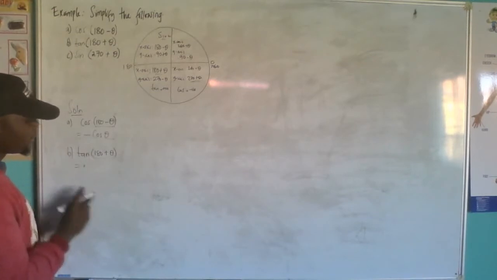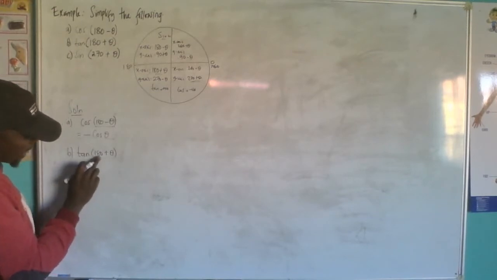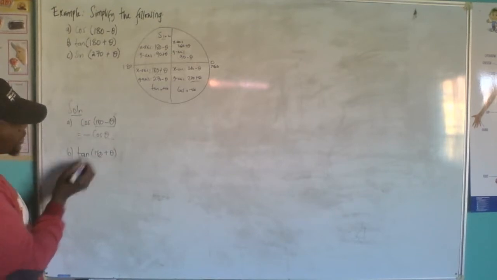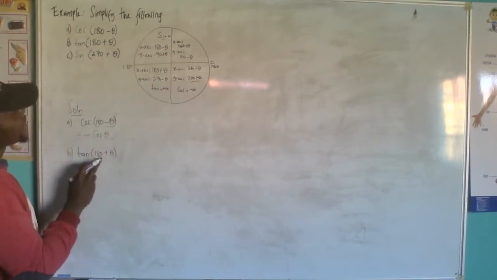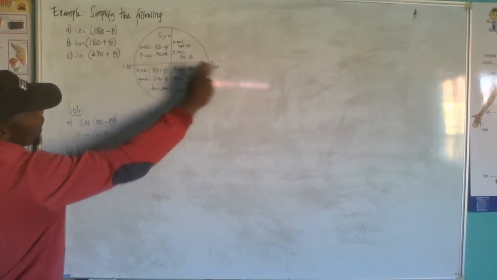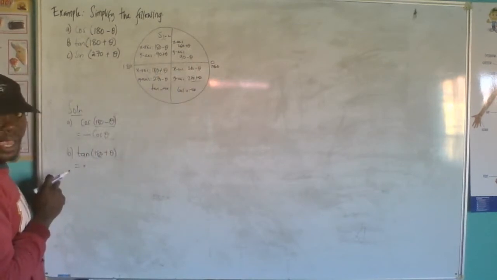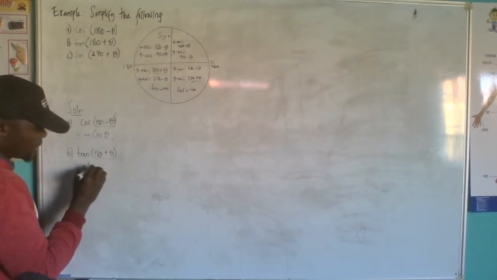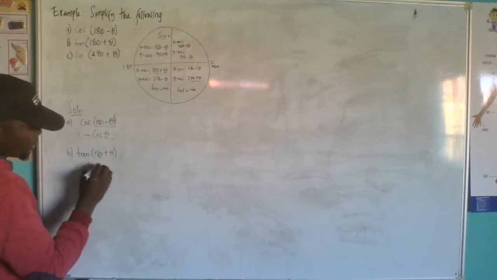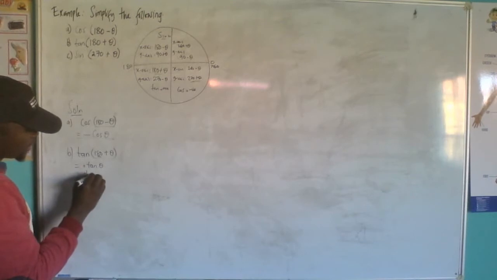How about the special angle, 180? This is the special angle I'm talking about, this one. If it's 180 and it's along the x-axis, that means the tan will be maintained. So it will be tan what? Theta. Then your answer will be tan theta.